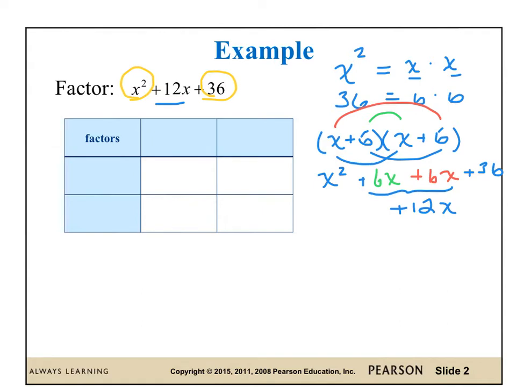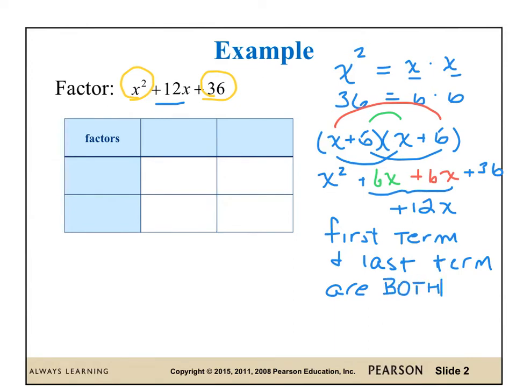So if you understand that what you're looking for is that the first term is a perfect square, and the last term, and they have to both be perfect squares, then you might be able to find the ideal factor combination by taking the square root of both of those.